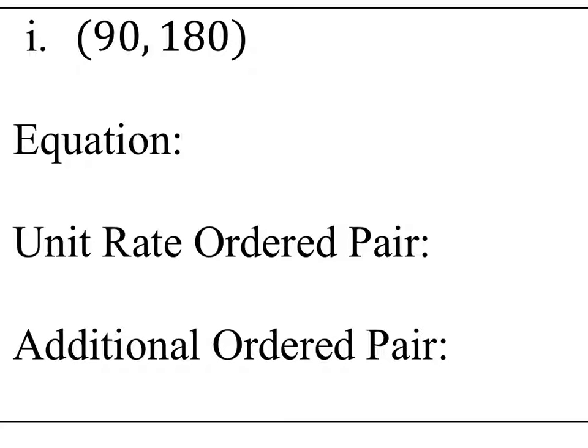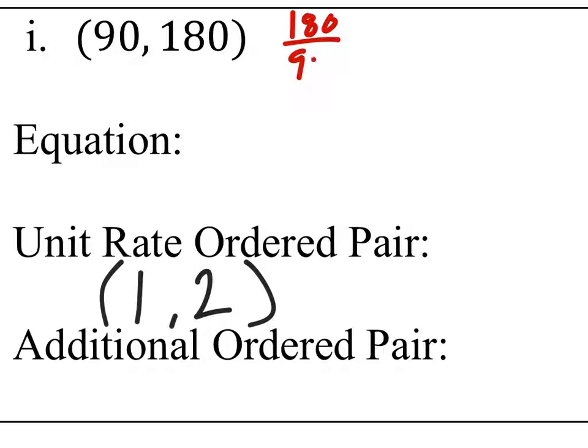All right. So the unit rate ordered pair, what'd you guys get? 1, 2. Yeah. Now, how do we get that? Well, once again, we could make this 180 over 90. So again, we're looking at y's over x's.